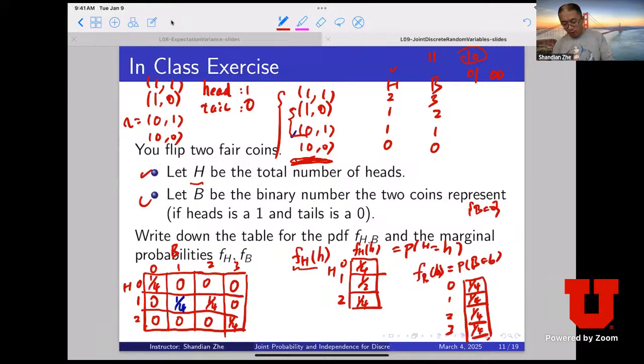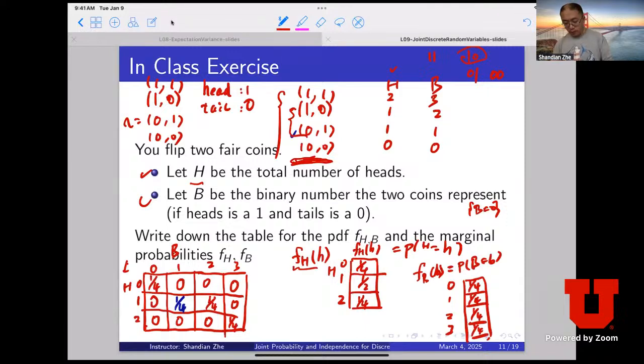That means if I want to calculate the PDF for H only, I sum the joint density over B. That means on this table, I sum over columns to get H, because I fix H, see how B varies, and add up all the joint density values to get the marginal density value for H.